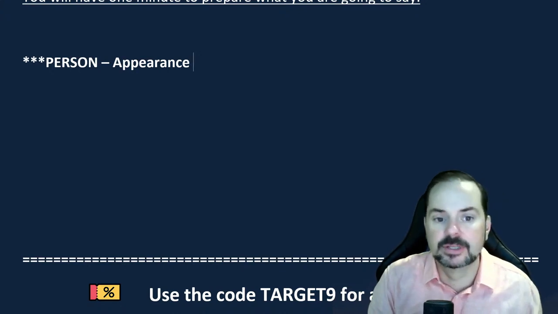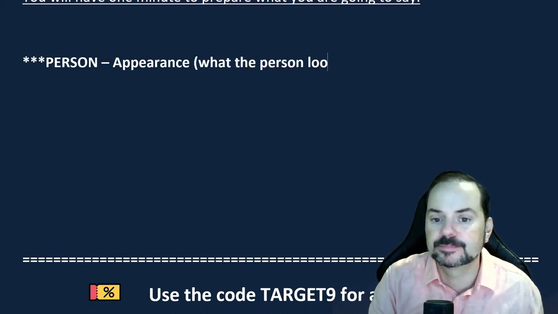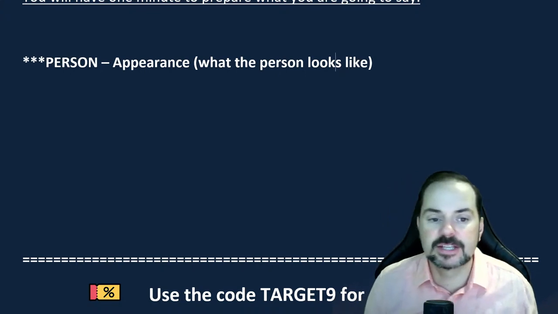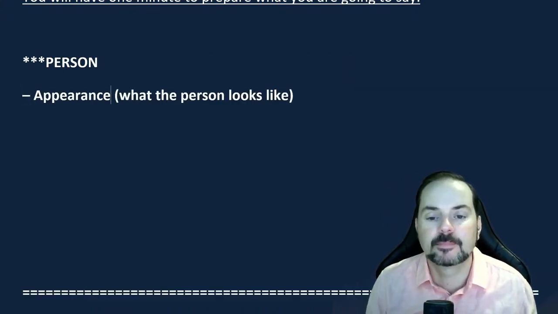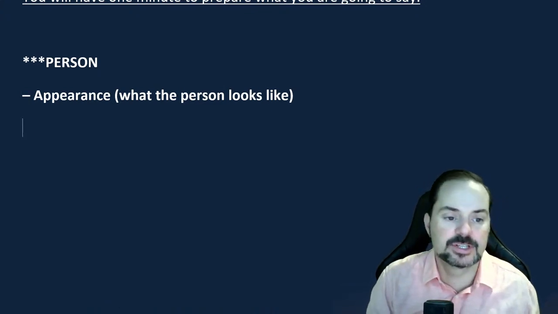Yes, absolutely. So the appearance, what they look like. Baljit says a personality and actions. Yeah. And then personality.